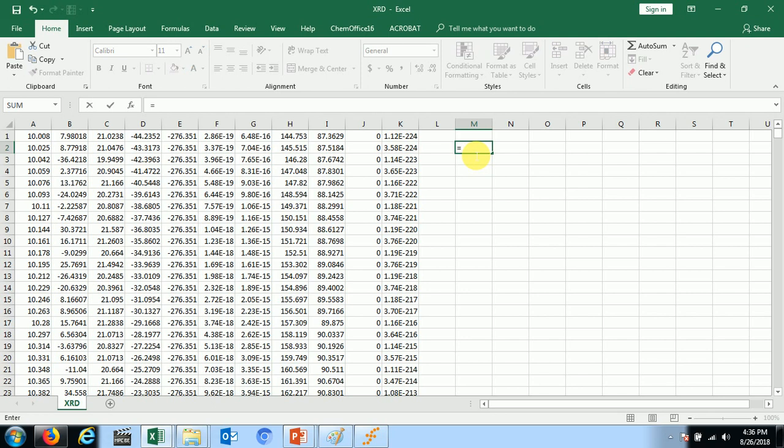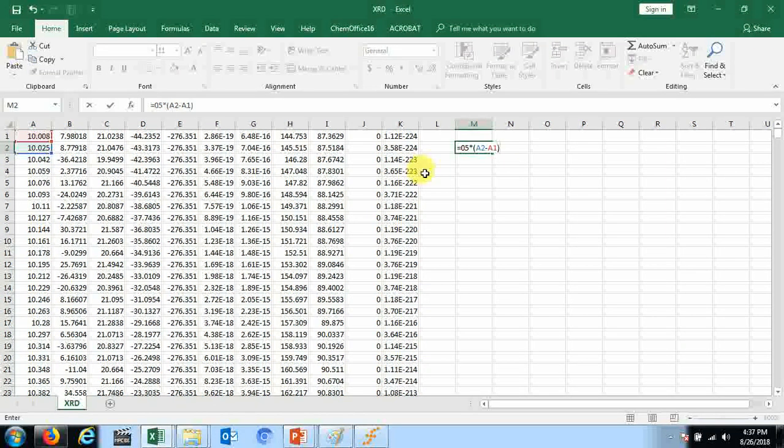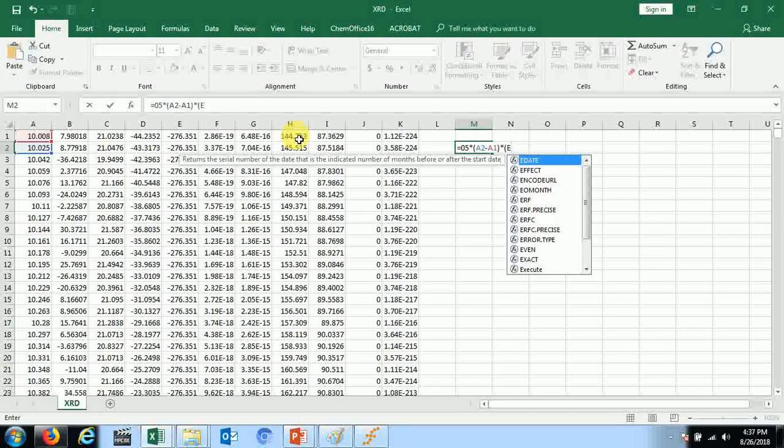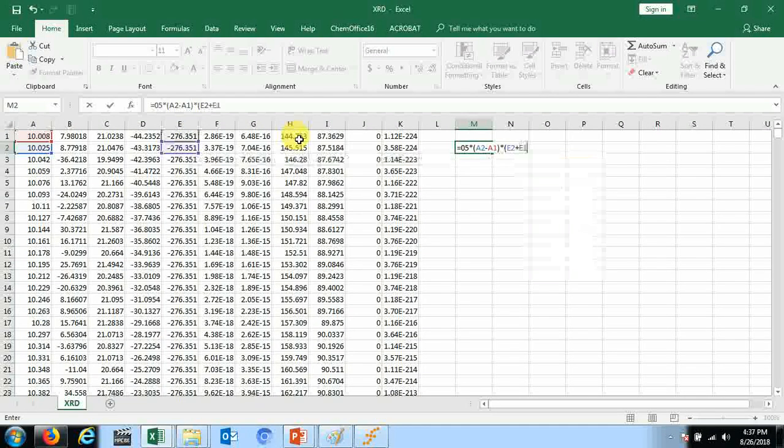We can put the formula over here: 0.5 multiplied by A2 minus A1, which is the 2 theta values, multiplied by B2 plus B1, and because for the E column it will be E2 plus E1.